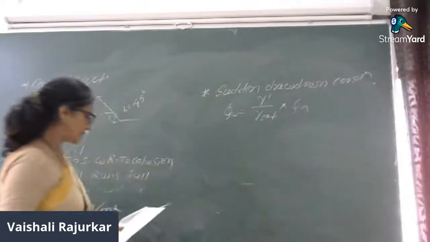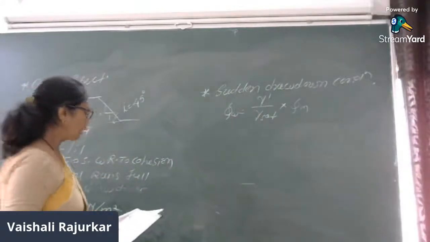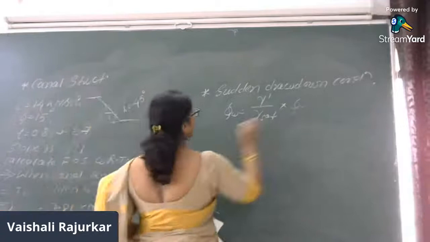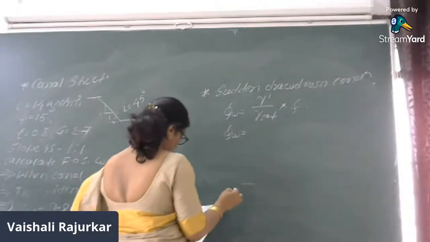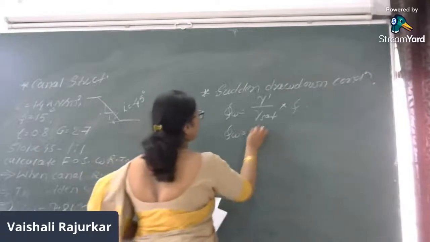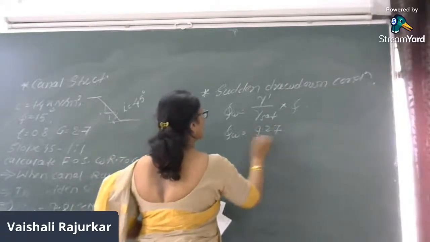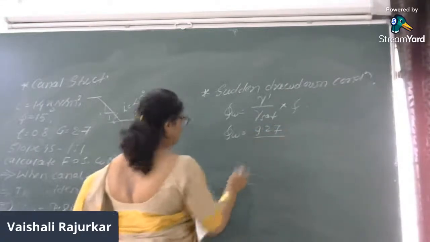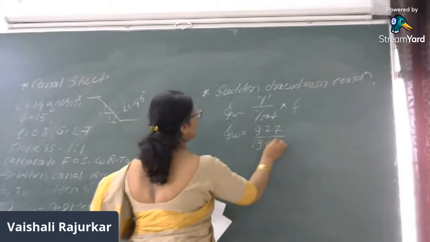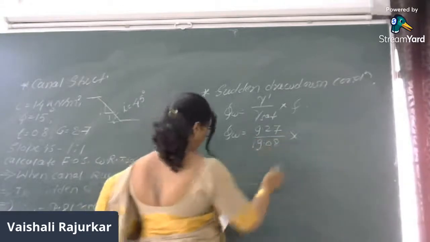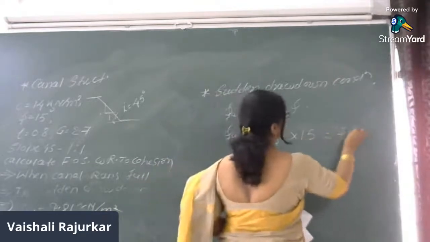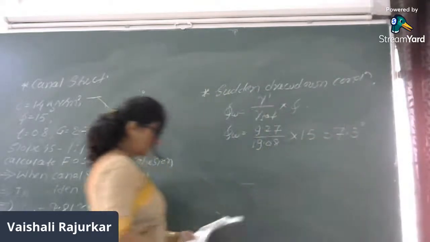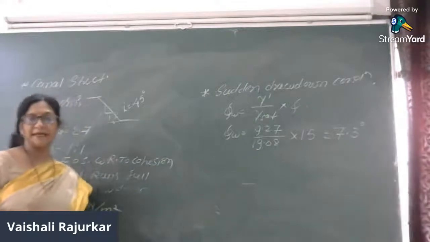In this case, we can find phi w as 9.27 divided by 19.08 multiplied by 15. So it is found to be 7.3.